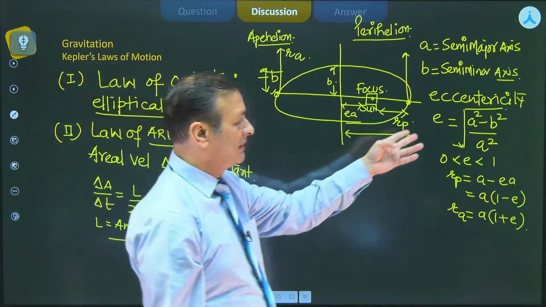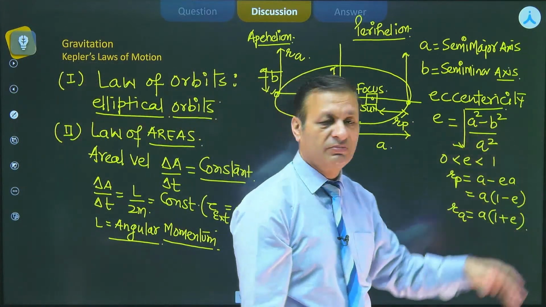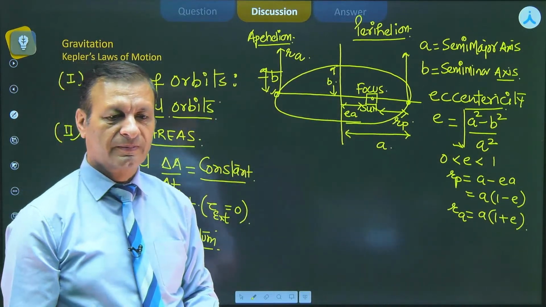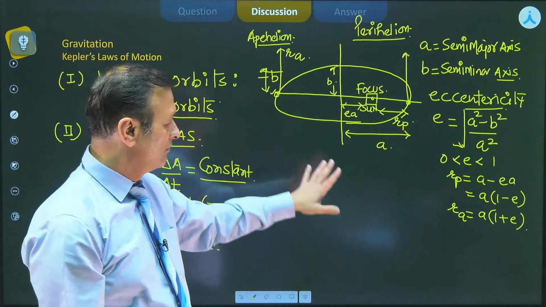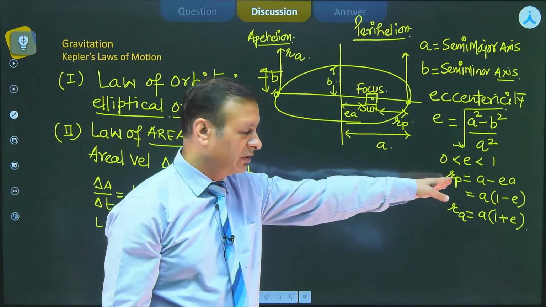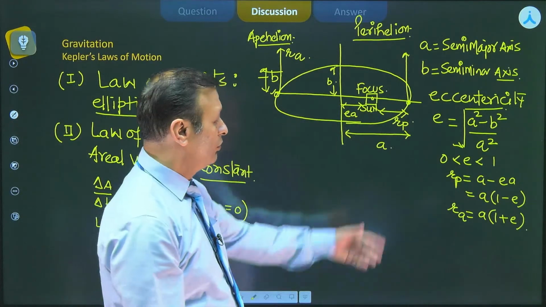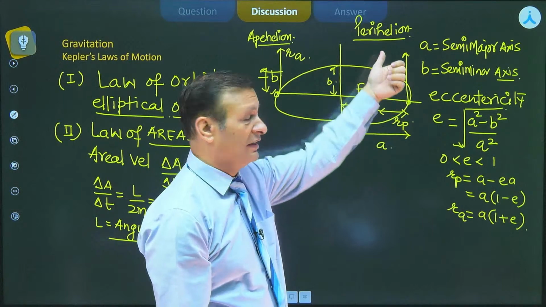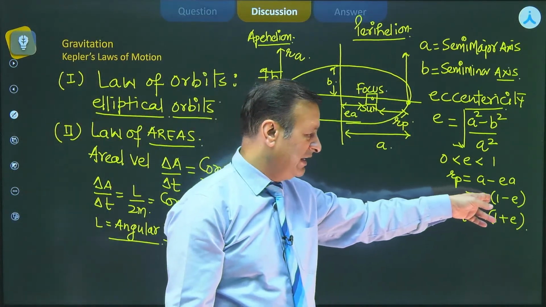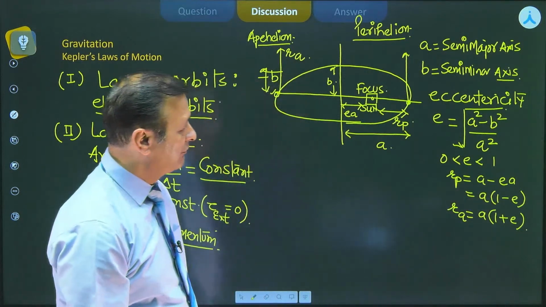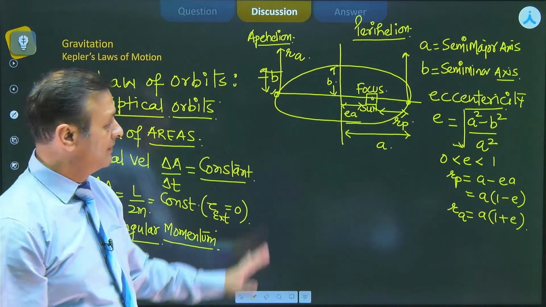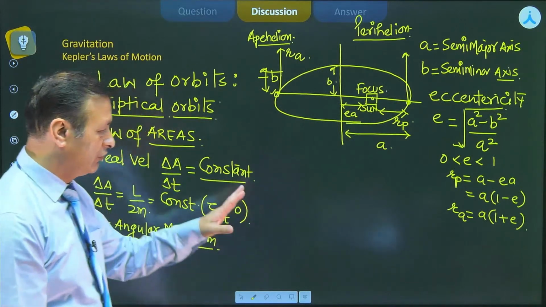So eccentricity mathematically is defined as the square root of a square minus b square by a square. We have defined the perpendicular distance of the planet at the nearby position, the perihelion, as A times 1 minus E, and for the aphelion it is A times 1 plus E. Got it? That is all for this part.